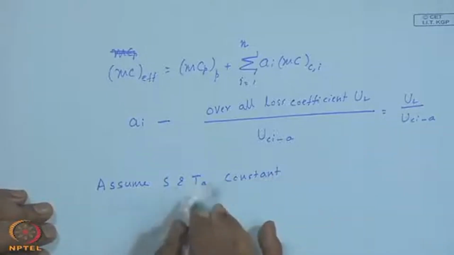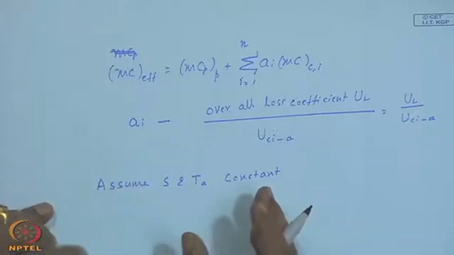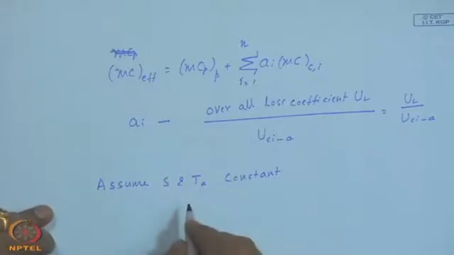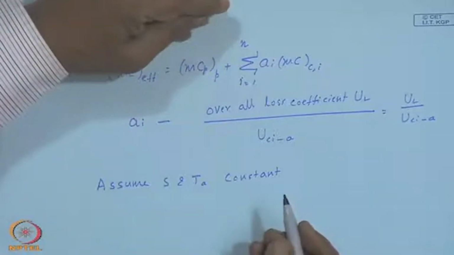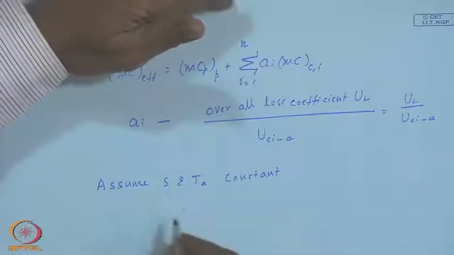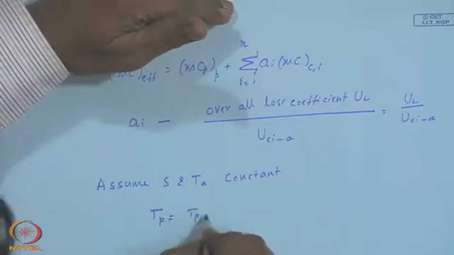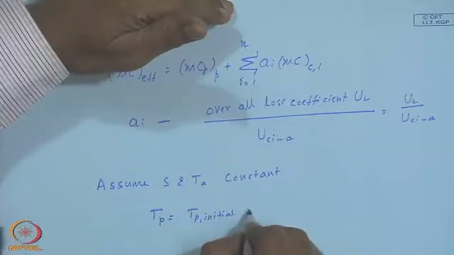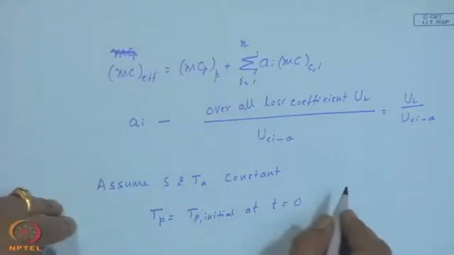S and T_A are constant, but because S is falling on the collector, the temperature of the absorber plate and the cover plate will change. It is exactly like a conventional system where you are heating it, and the initial condition will be T_p is T_p initial at time t equal to 0.